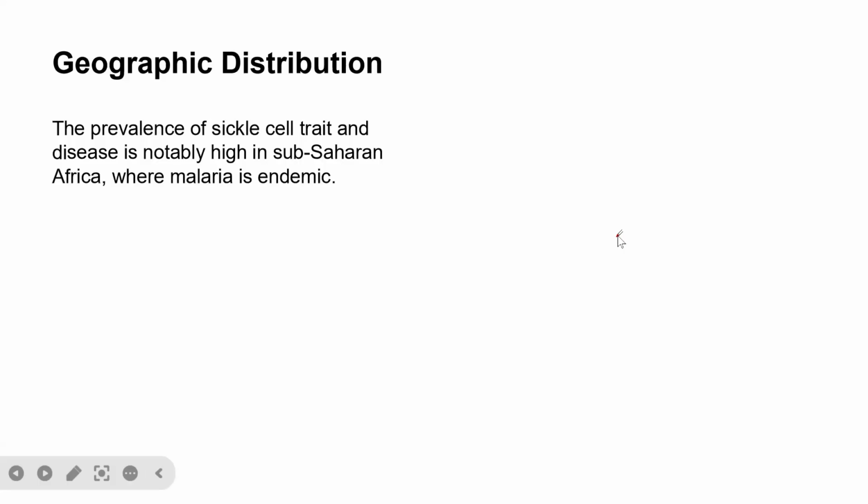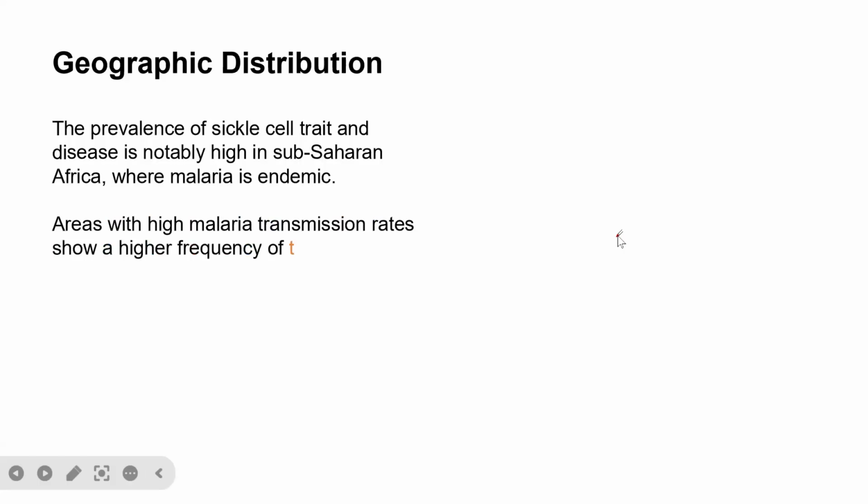Sickle cell disease is one of the most dangerous diseases, but it has an advantage in the case of malaria. Areas with a high malaria transmission rate show a higher frequency of the hemoglobin AS genotype. That is why the hemoglobin AS genotype is highly frequent in Nigeria and other parts of the world.